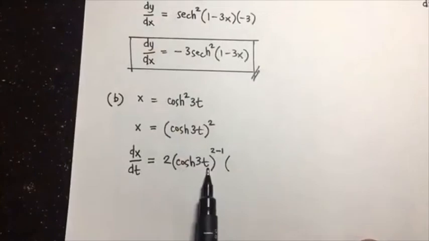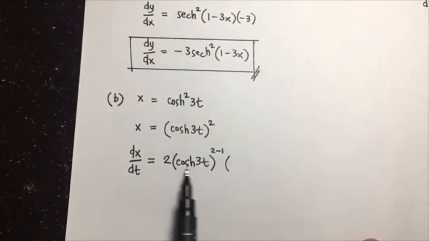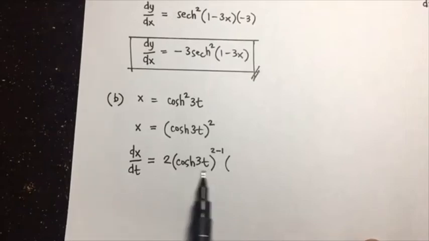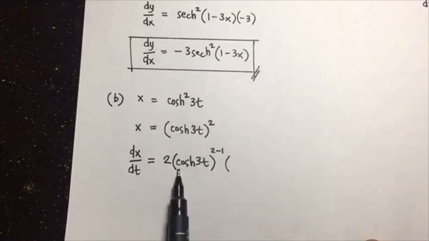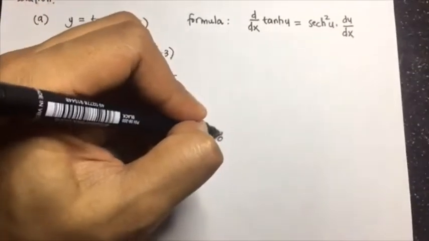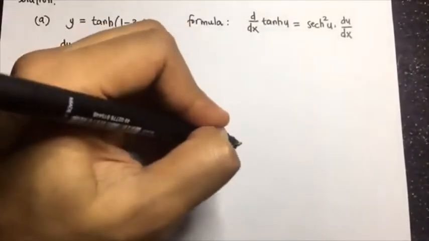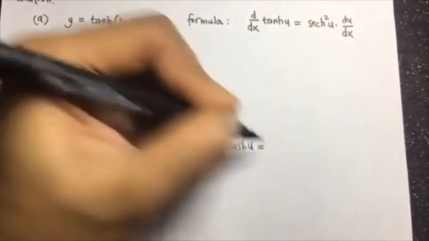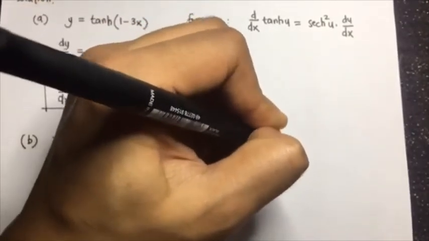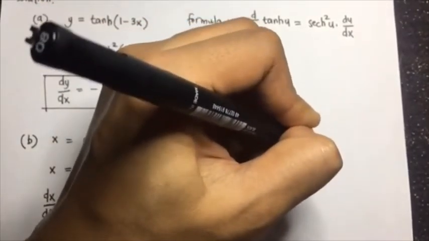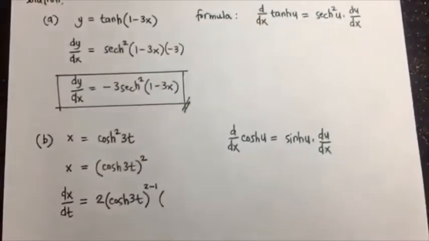After that, multiply it by the derivative of the function inside the parenthesis. If you recall from the formulas earlier, the derivative with respect to x of hyperbolic cosine of u is equal to positive hyperbolic sine of u times du over dx.